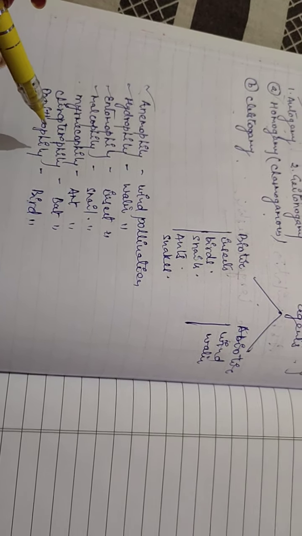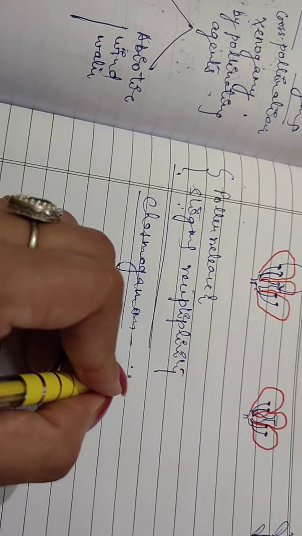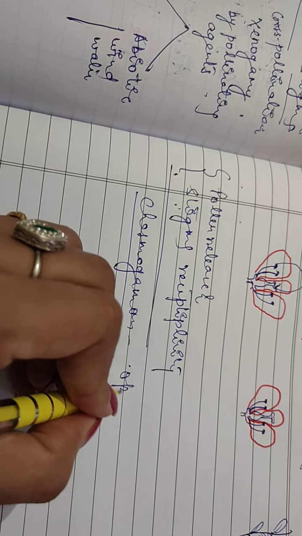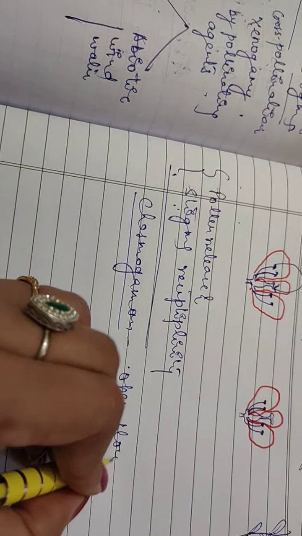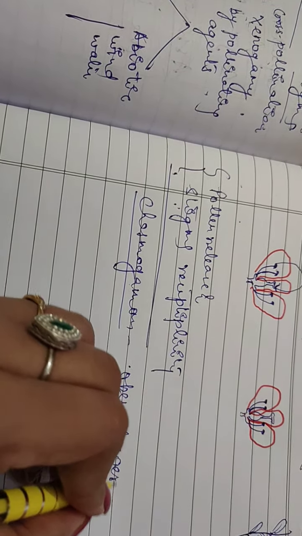Chasmogamous: both stigma and anthers are close together and they mature simultaneously, or you can say it is an open flower. They mature simultaneously with synchrony in pollen release and stigma receptivity.